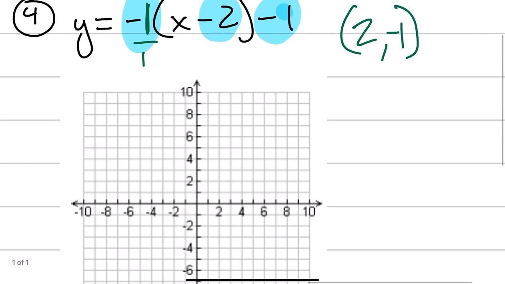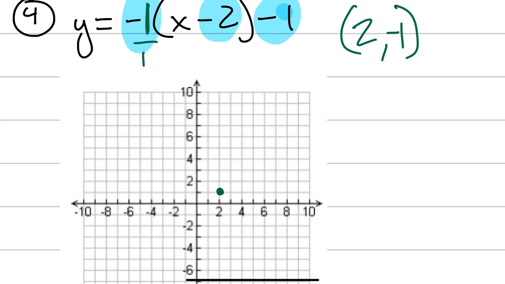All right, so let's start at 0, 0. We're going to go to the right 2 and up 1 right here. That's our point. And then we're going to go in with our slope. Rise over run. Since we have a negative sign there, that's telling me that I'm going to have a negative slope, so I'm going to go down instead of up.